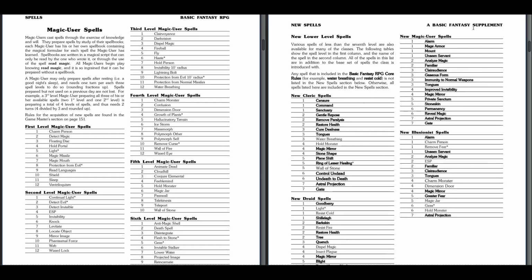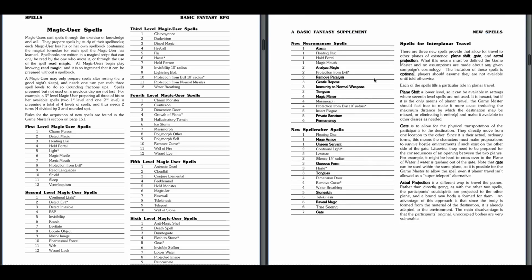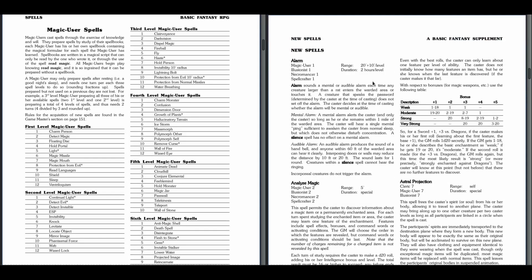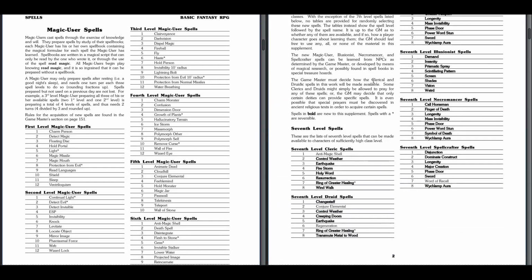So for our elf, we could add into the options Alarm, Mage Armor, Mount, or Unseen Servant, as well as Analyze Magic and Familiar. I don't think I'm going to do that with our elf this go around. It just adds a little more complication for an NPC. But this is a cool supplement to check out, so I highly recommend it.